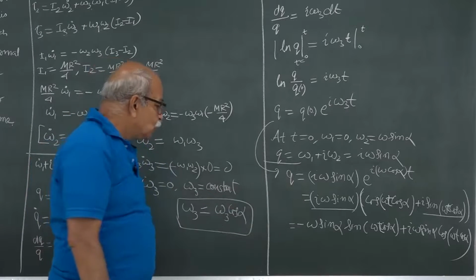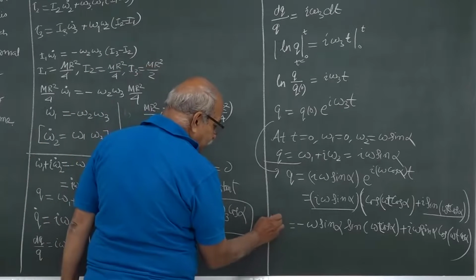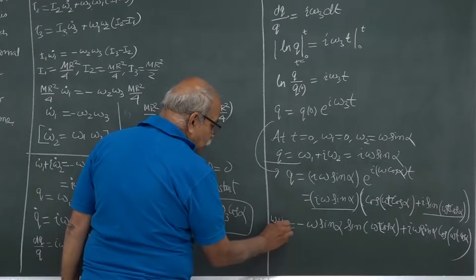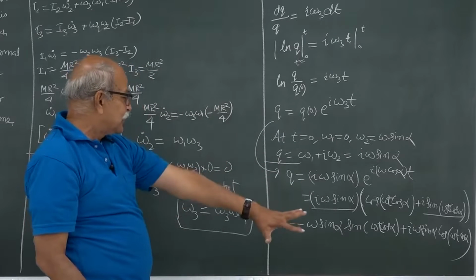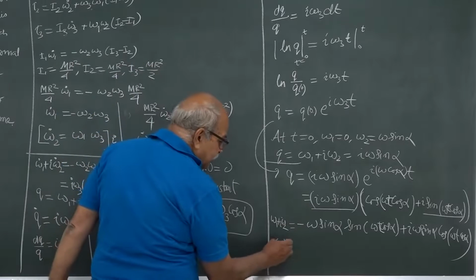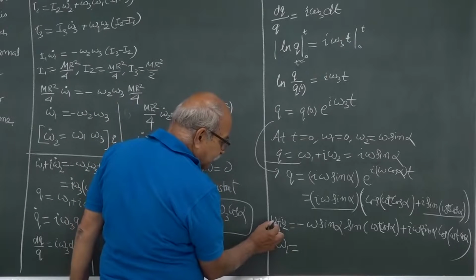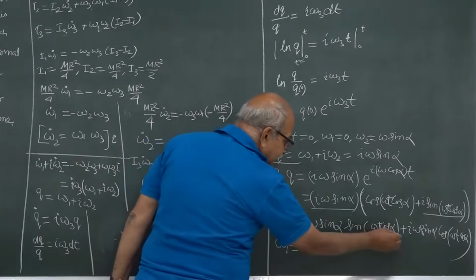But what is this q? This q is omega 1 plus I omega 2, and the real part should be equal, the imaginary part should be equal. So, omega 1 should be equal to the real part, and where is the real part? This is the real part.